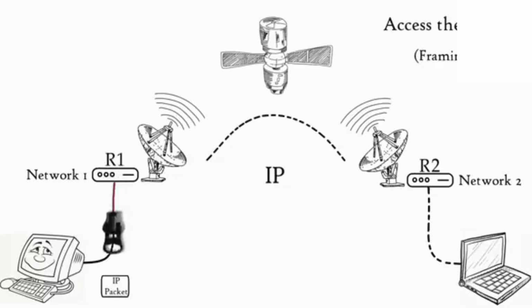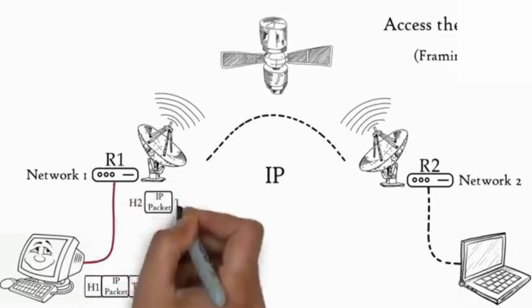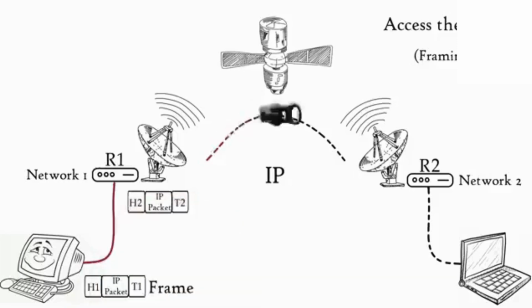Based on the medium used to connect desktop and router R1, data link layer adds some data in the head and tail of IP packet and converts it to a frame, Ethernet frame in this case. Router R1 receives this Ethernet frame, decapsulates it to an IP packet and then encapsulates it again to a frame so that it can cross satellite link to reach router R2.